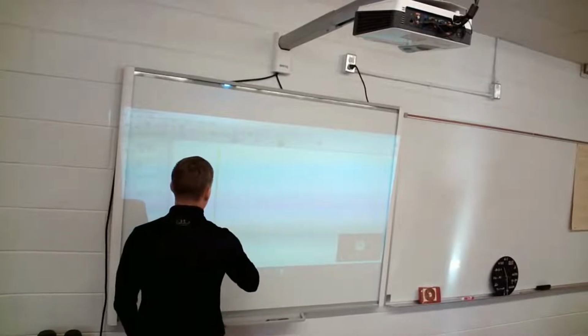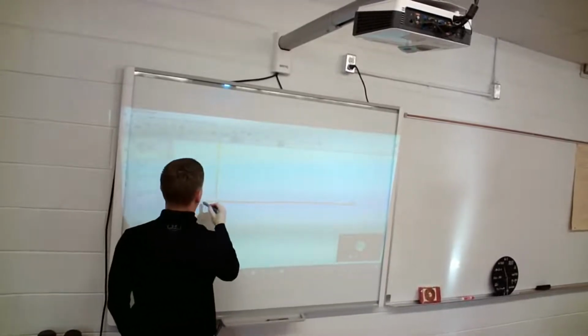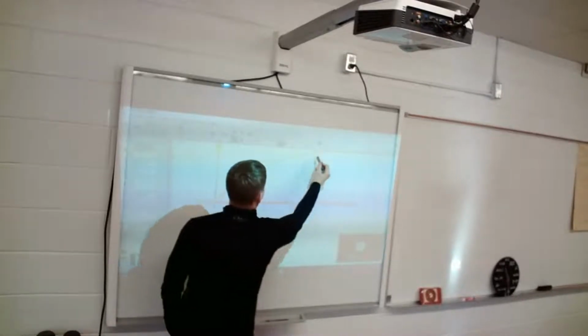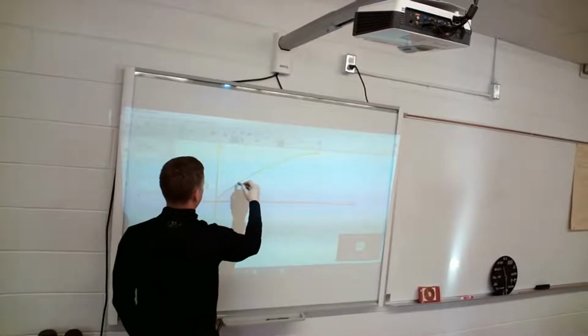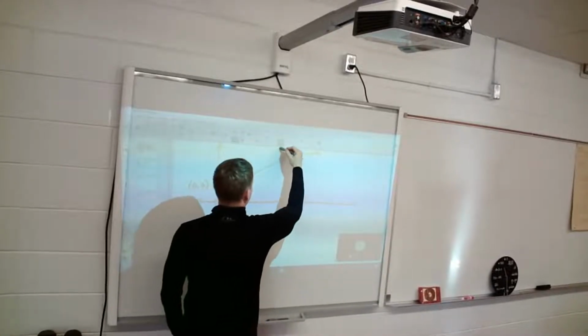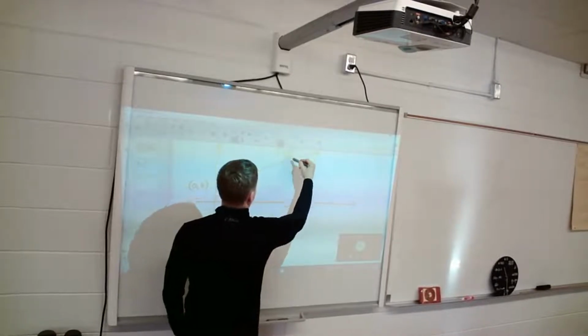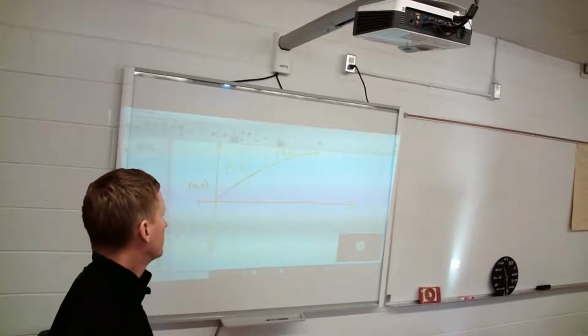So if I were to draw out my square root graph, it looks like this. There's 0 and 0, right? Here's 1 and 1. And here's 4 and 2. Pretty straightforward. Okay, so that's my graph.